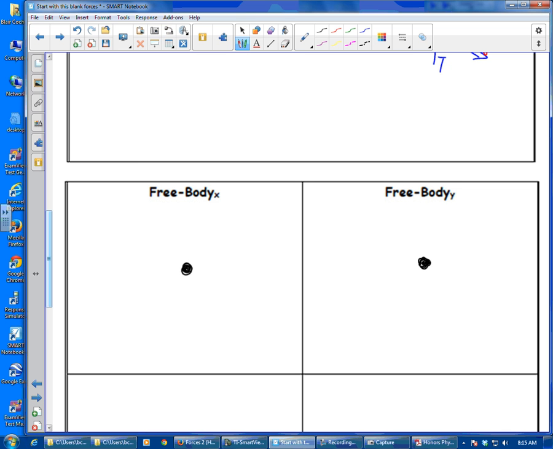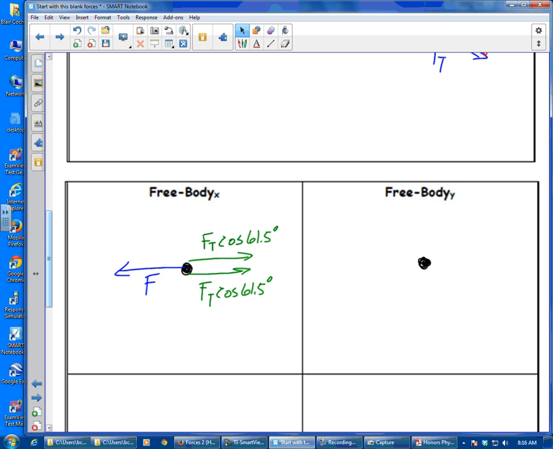But especially when you're starting off, if you don't see the relationships, then make sure you do both. And we have F_t cosine 61.5 and F_t cosine 61.5, F_t sine.